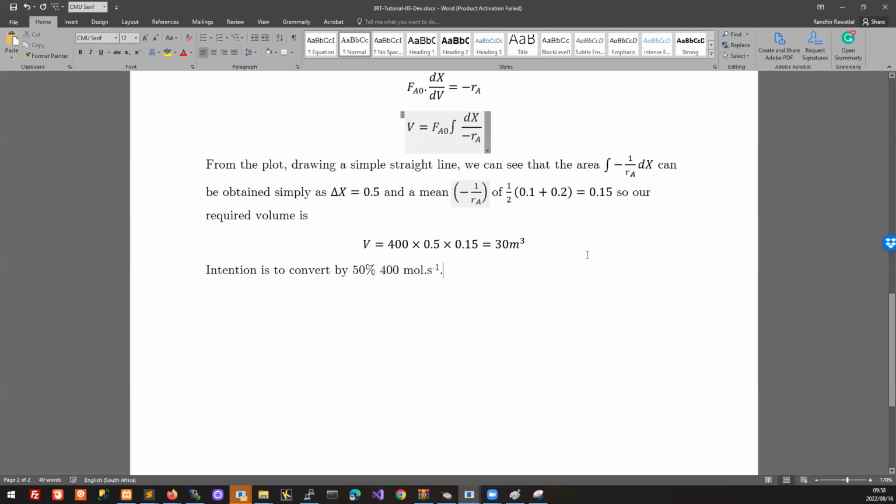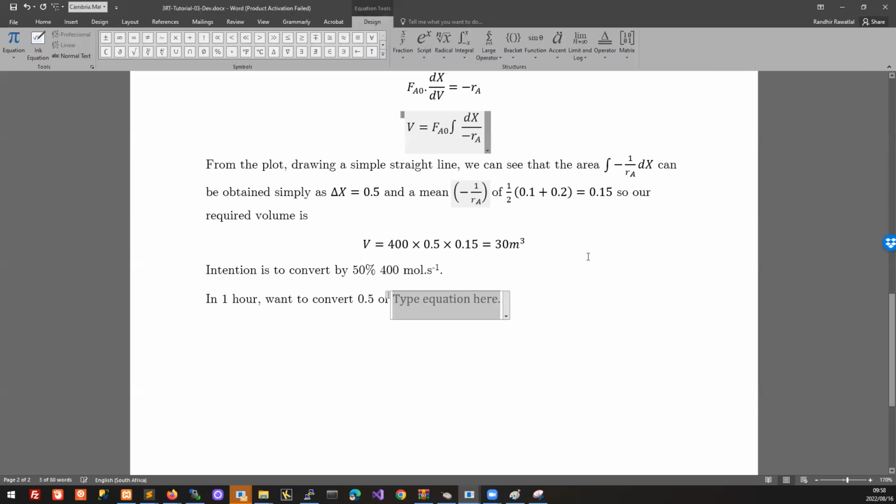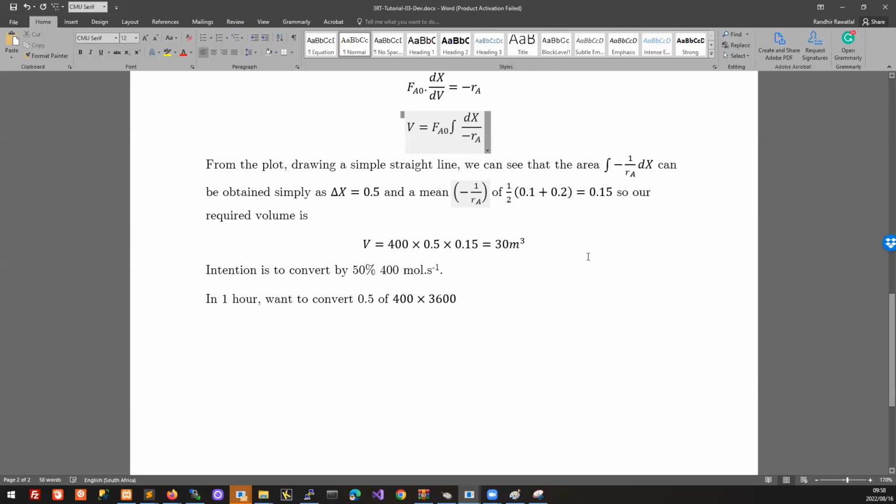We can say in 1 hour, for example, we want to convert 50% of 400 times 3,600. So that's what we want to convert. So that now gives us a time.